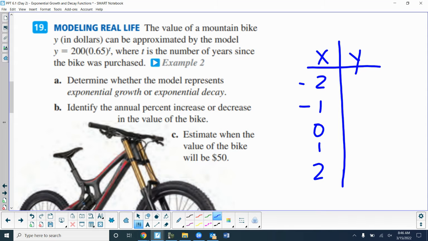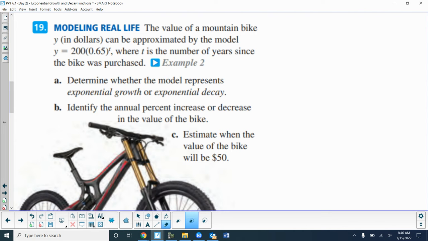All right. So let's look at this problem. It says the value of a mountain bike, Y in dollars, can be approximated by this model. So we're looking at this equation, right? T is the number of years since the bike was purchased. Is that growth or decay?